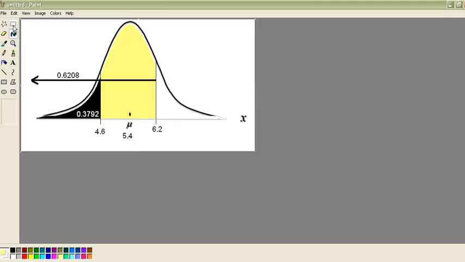Well, I know the area from this point to negative infinity and from this point to negative infinity. So how can I get this area in the yellow?